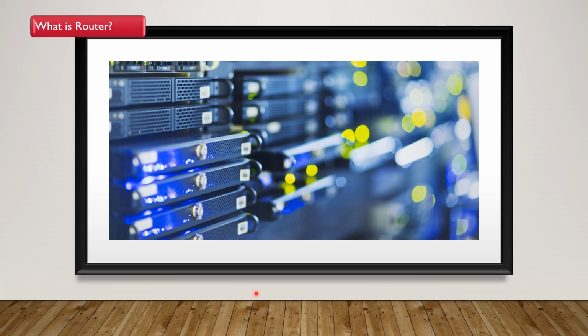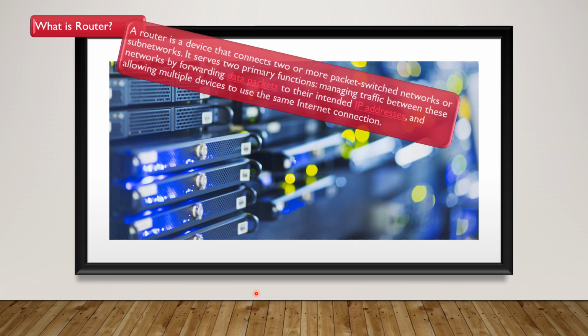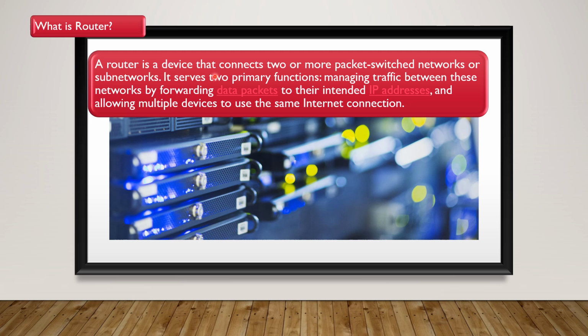What is a router? The router is an important device for CCNA. A router is a device that connects two or more packet-switched networks or subnetworks. This is the main part of networking. A router can connect two different networks, such as subnetworks or networks.